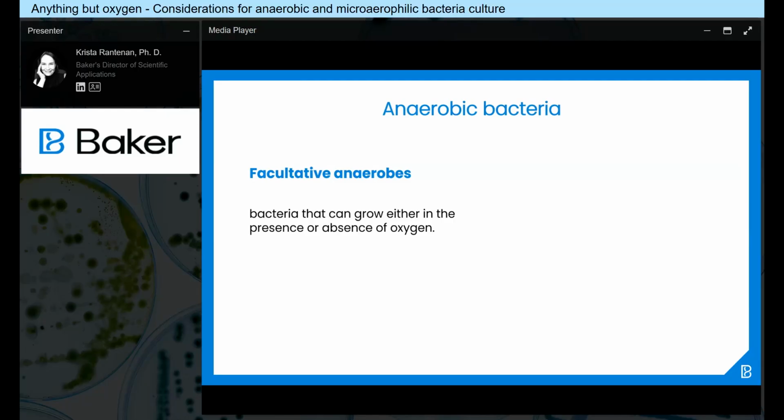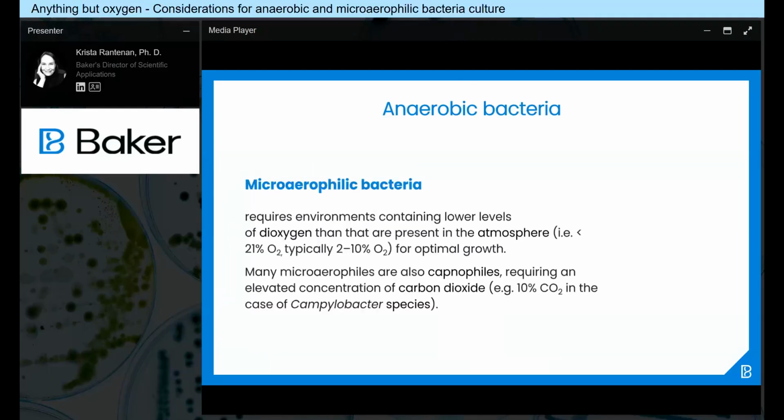So it's a very versatile group of microbes that can use oxygen in their metabolism or utilize a reduction of other compounds as a source of energy. That could be glucose or nitrate or sulfate or something else. So that's facultative anaerobes.